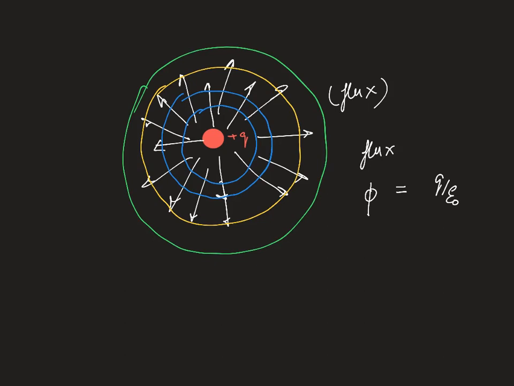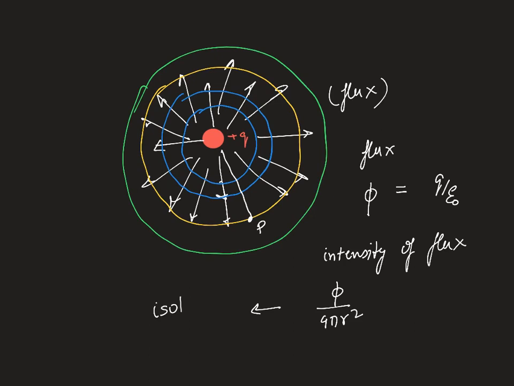And when it is being spread into space, so let's say it is being spread at a certain point P, what is the value of the intensity of flux? The intensity of flux is going to be phi upon 4 pi r squared. And why is that? Simply because it is being emitted isotropically.